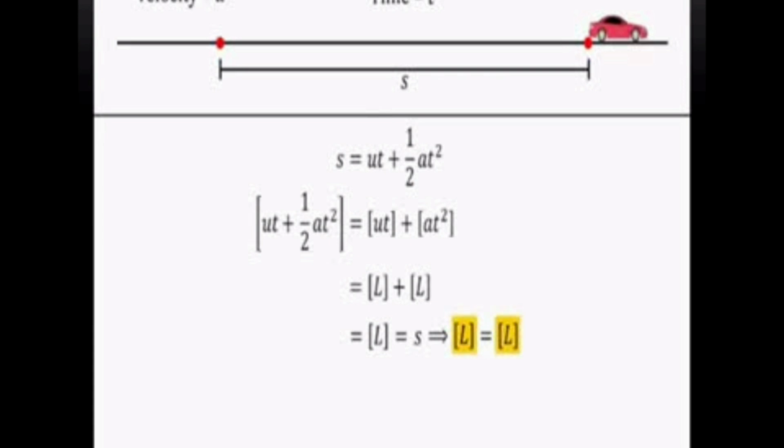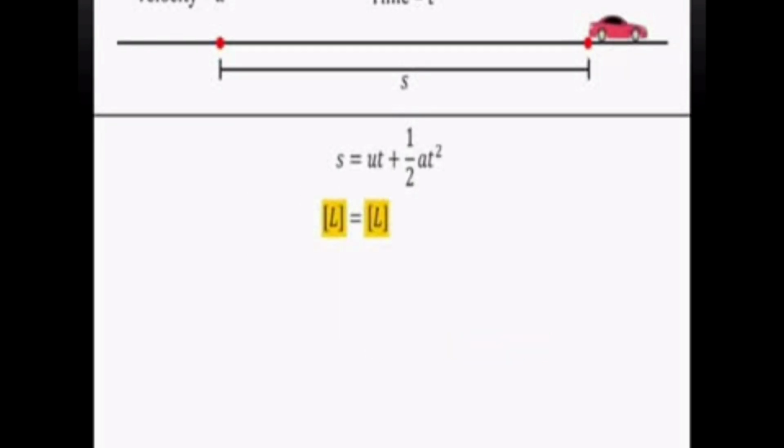So this equation is correct. Using the dimensional formula, we can find out that the equation is correct. This is a method to analyze equations. This is one use of dimensional analysis, right? L equal to L, that equation is correct.